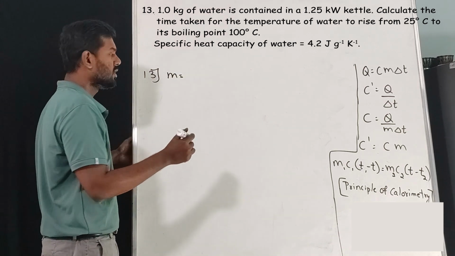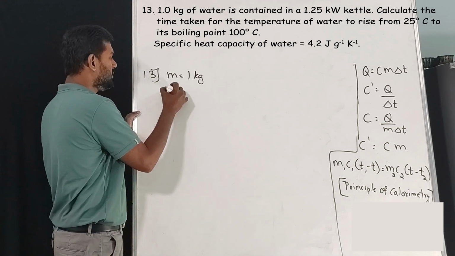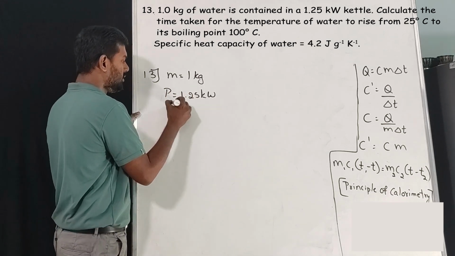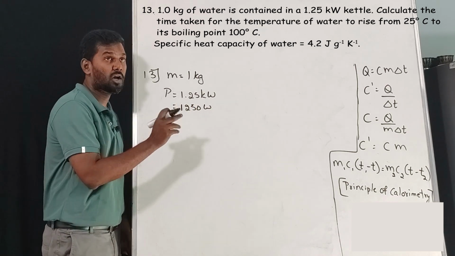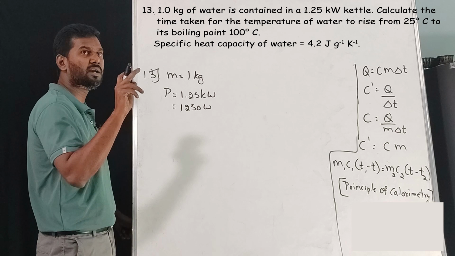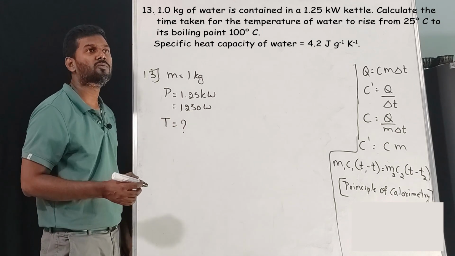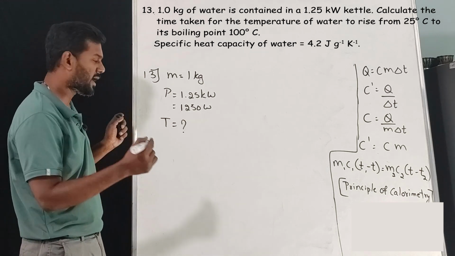Mass is given, that is 1 kg. Then power is given, that is 1.25 kilowatt, so this is nothing but 1250 watt. It should not be in kilowatt, keep that in mind. Calculate the time taken, so we are going to find the time taken. Two temperatures are given, so subtract them.